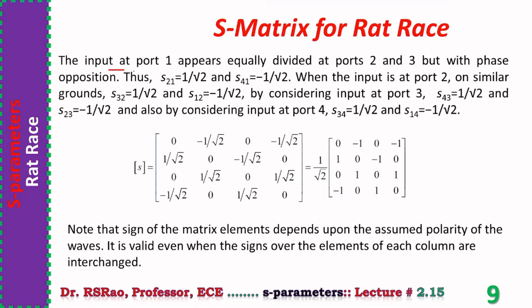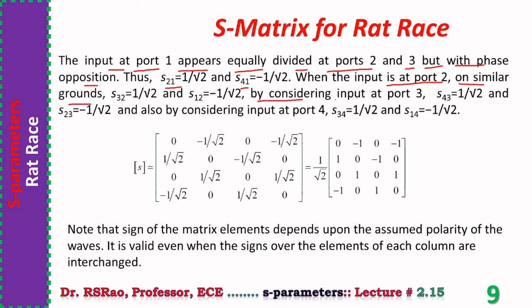The input at port 1 appears equally divided at ports 2 and 4, but with the phase opposition. Thus, S21 becomes equal to 1 by root 2 and S41 becomes equal to minus 1 by root 2. When the input is at port 2, on similar grounds, S32 is equal to 1 by root 2 and S12 is equal to minus 1 by root 2.